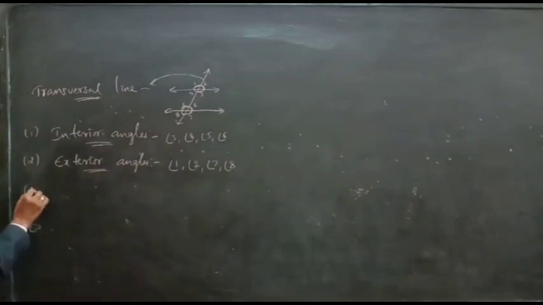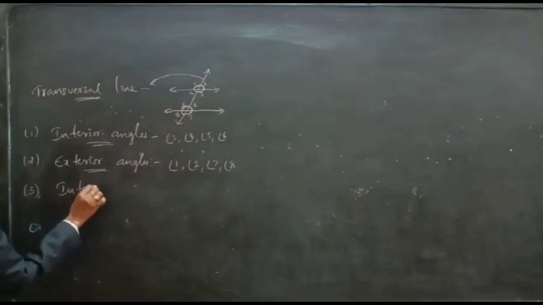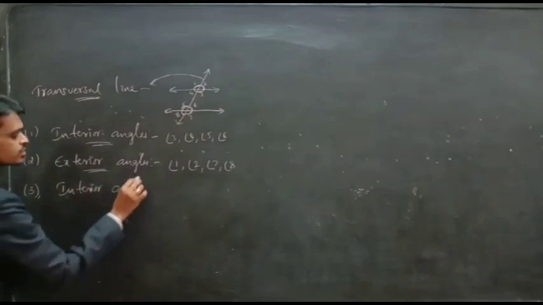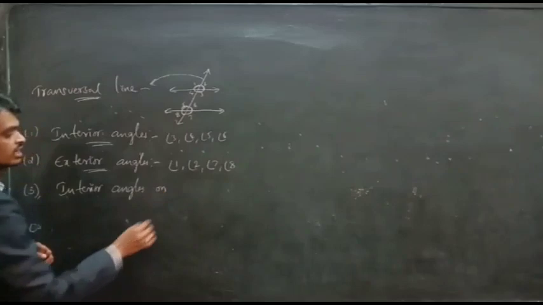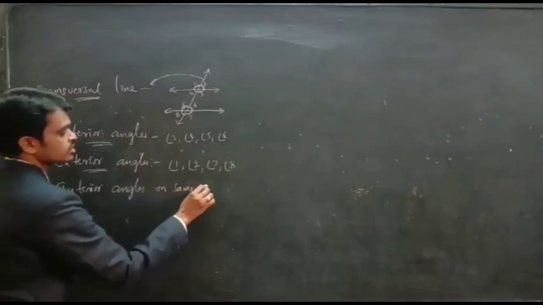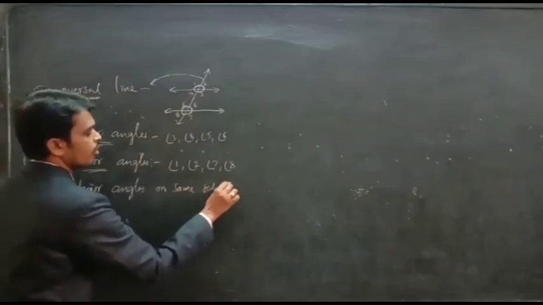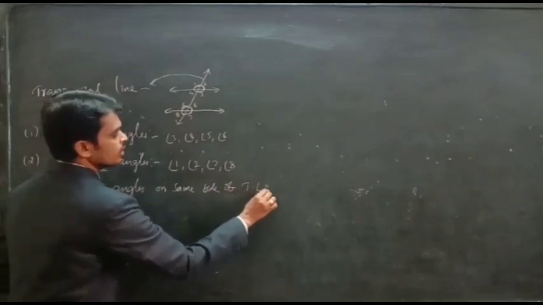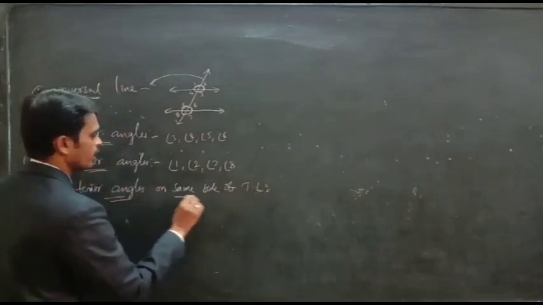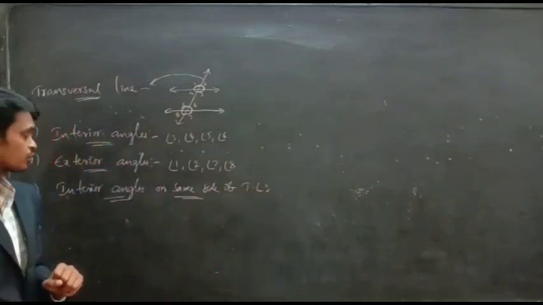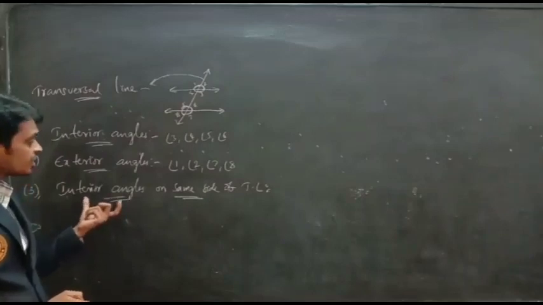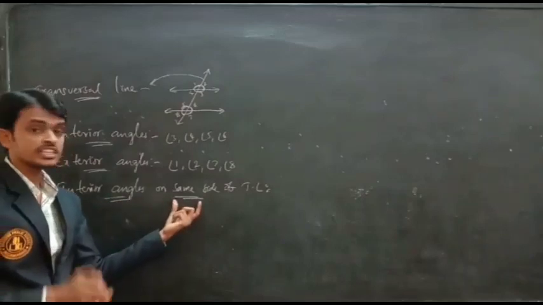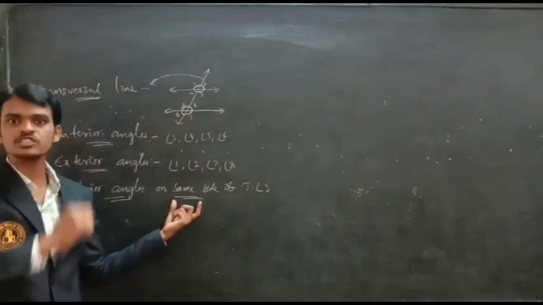Next, the third one: interior angles on the same side of the transversal line. Here we are going to discuss the interior angles on one side of the transversal line.